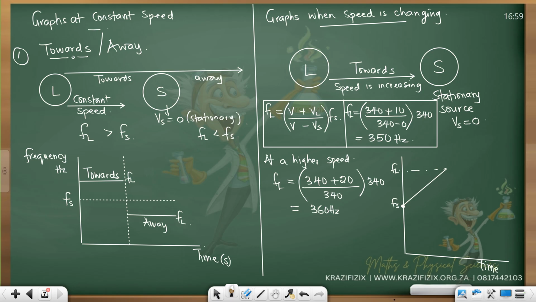Please let me know if this makes sense. Here they want to catch you, I promise you. The speed is increasing. My graph is different from the first one. Please let me know if you are okay with my graph there. Take note of the difference in the graph.